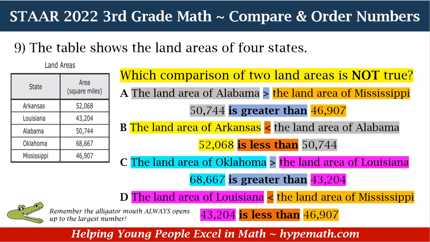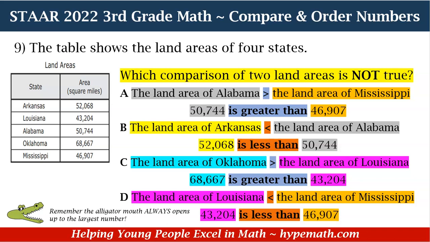So is 50,744 greater than 46,907? And remember, as we're going through, third graders, we're looking to find out which comparison of numbers is wrong, not true, false. Okay? All right, so let's look at B. The land area of Arkansas is less than the land area of Alabama. So is 52,068 less than 50,744?